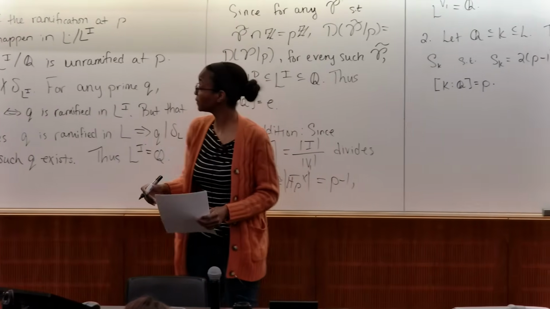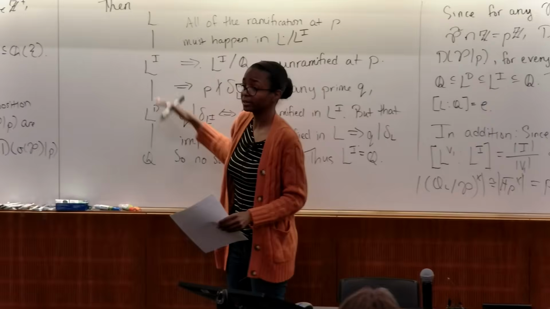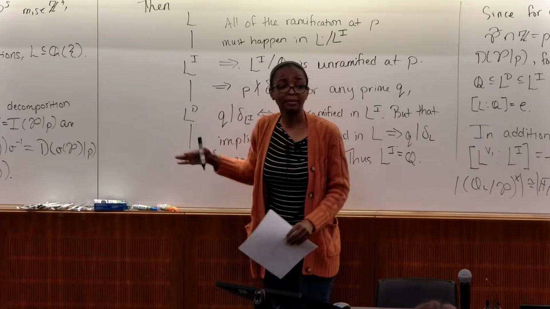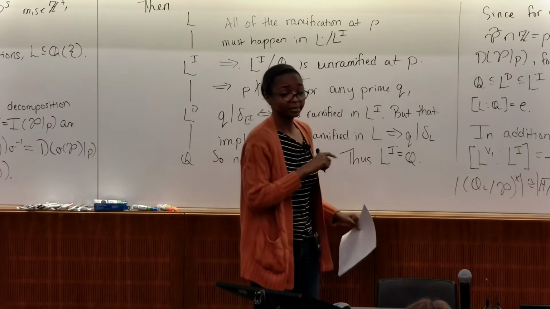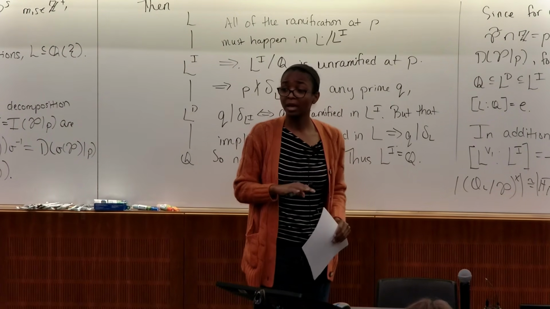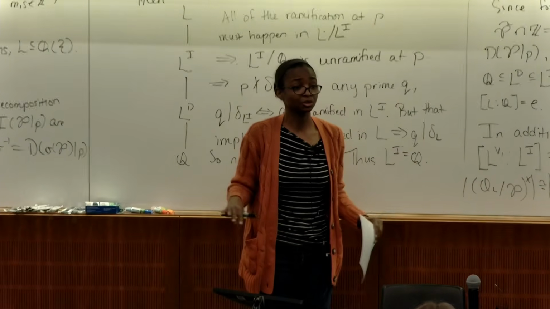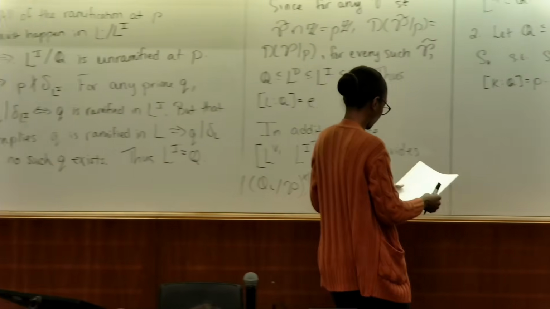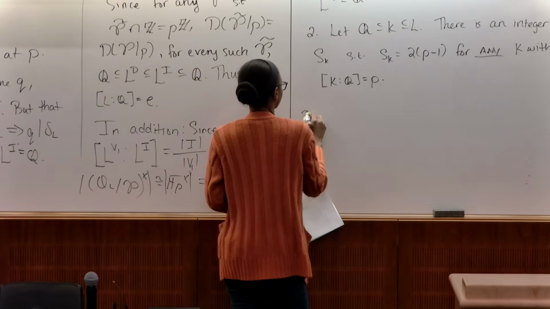So this means that if I give you any subextension in here, if I tell you that the degree of that subextension is p, I'm telling you that this integer here, s_k, is 2 times p minus 1. I don't need to know anything else about the field extension beyond its degree.